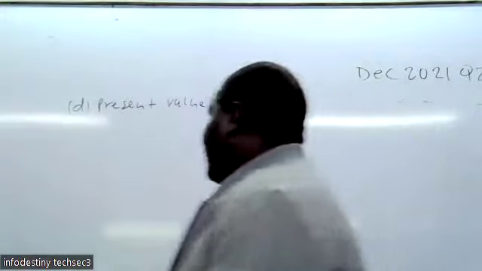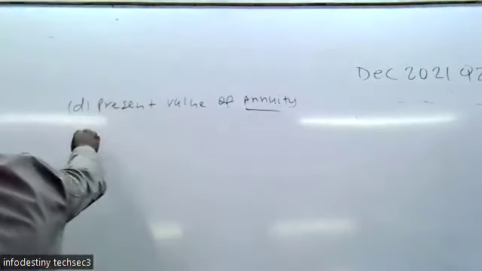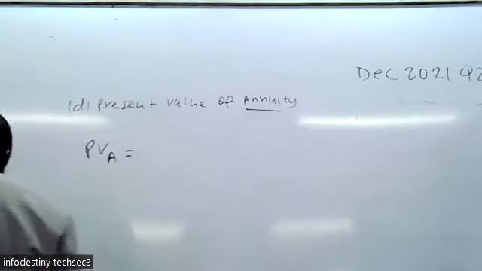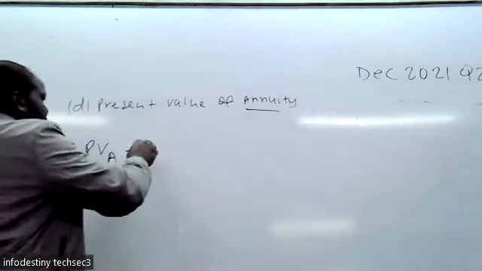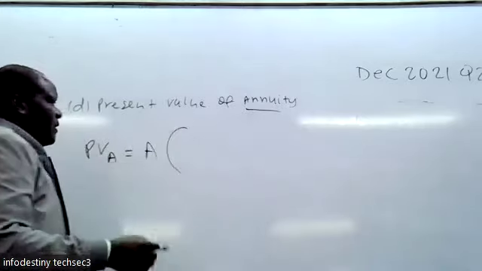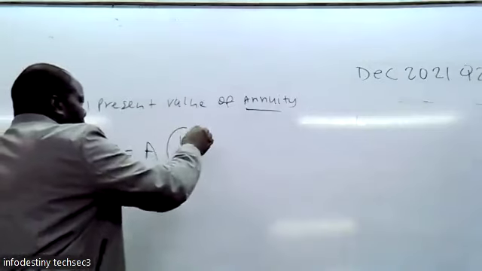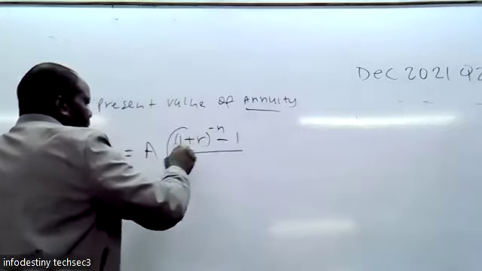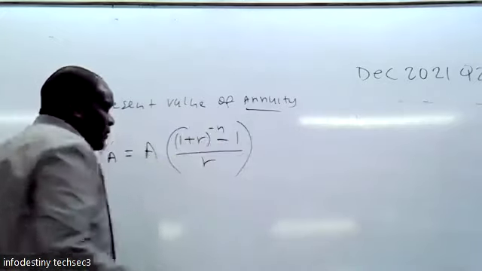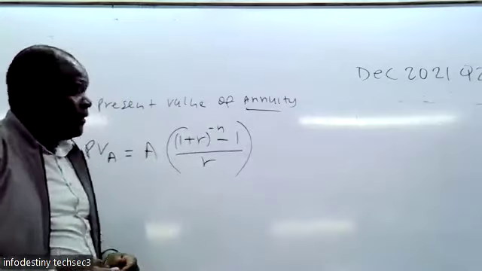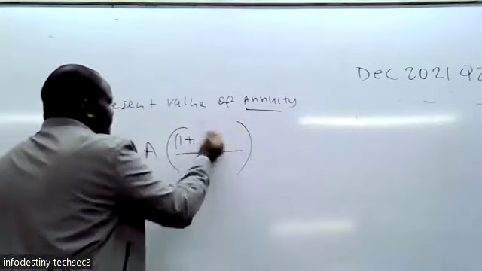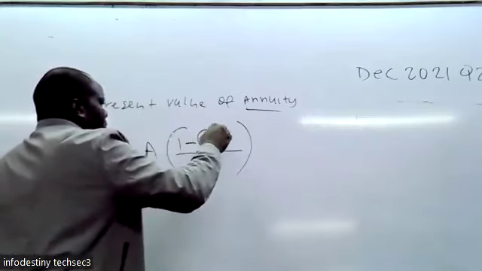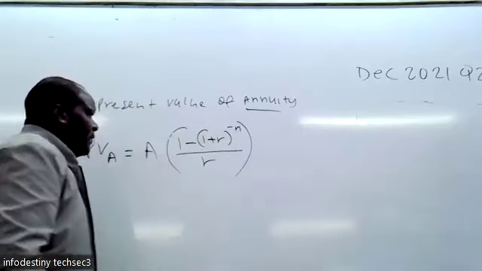The present value for the annuity will be given by the annuity, then in brackets 1 minus (1 plus r) raised to the power of -n.